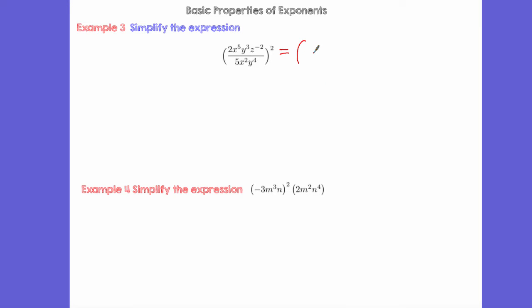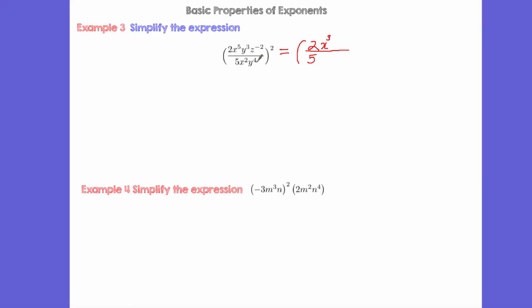Okay, now let's look. 2 and 5, they don't simplify. So let me put a big bar here. So the 2 stays, the 5 stays. Now let's look what we get. X to the 5th over x squared. Dividing two numbers with the same base, subtract exponents. 5 minus 2 is 3. So you have x cubed in the numerator.